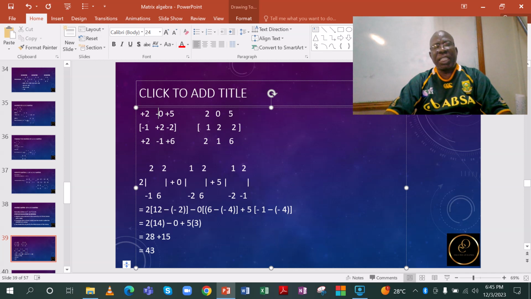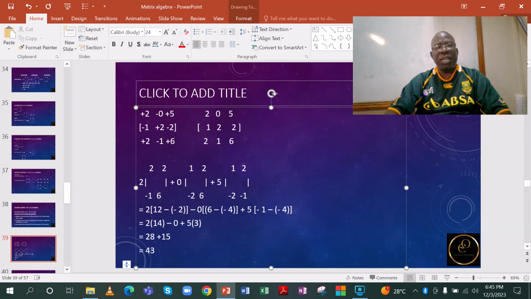If you look at negative 1, why was it given a negative? Because it's found in the second row, first column, so 2 plus 1 is 3, that's why it's given a negative sign.